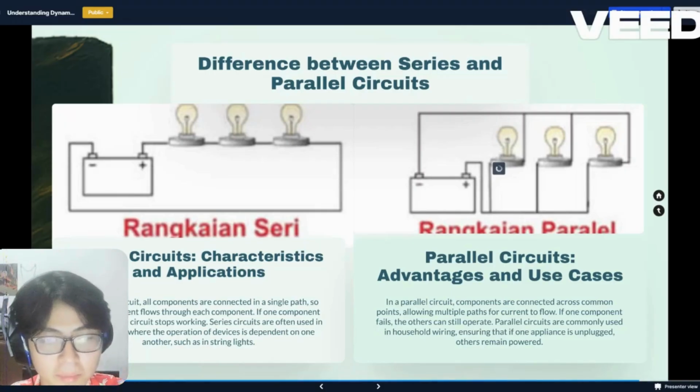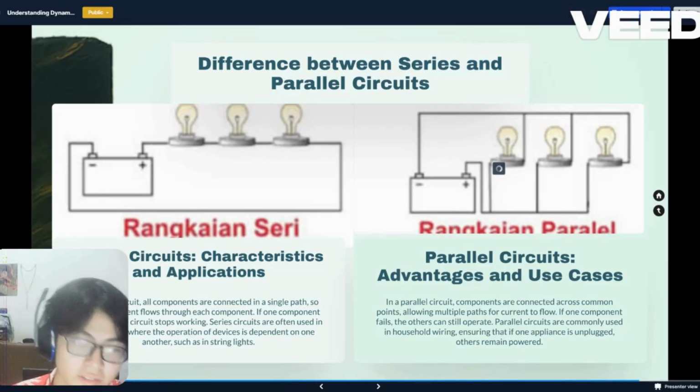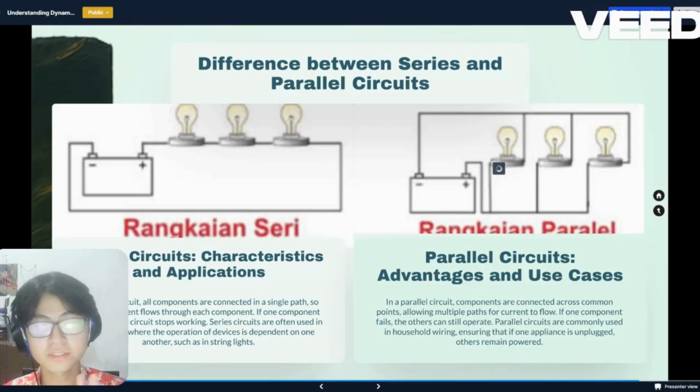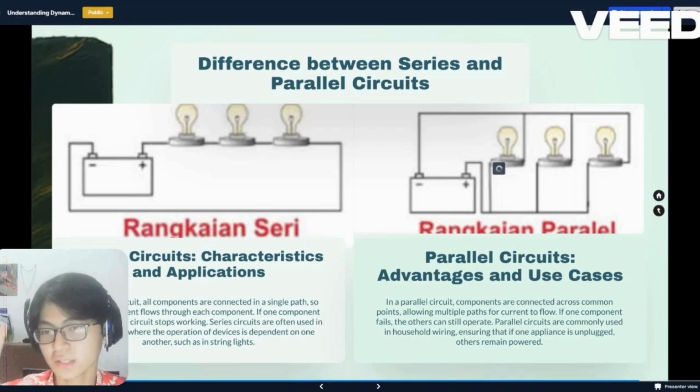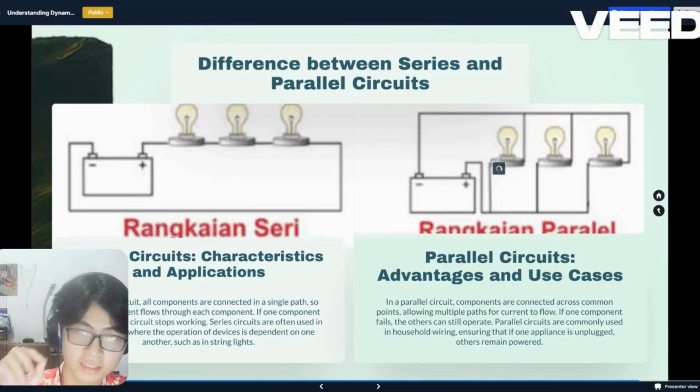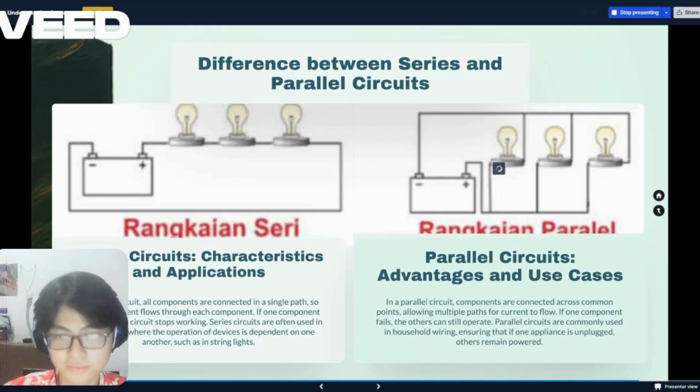But then there's parallel circuits, which as you guessed, is the complete opposite of series circuits. In parallel circuits, all components are connected across common points, allowing multiple paths for current to flow. So if one fails, the others don't fail, whereas in series circuits, if one fails, then all the other lights fail.